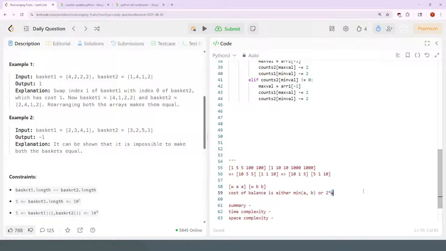So now I just need to go through all the remaining stuff and balance it based on the minimum of A and B, where A and B are the lowest values of each. It's the lowest value of one side with the highest value of the other side each time.